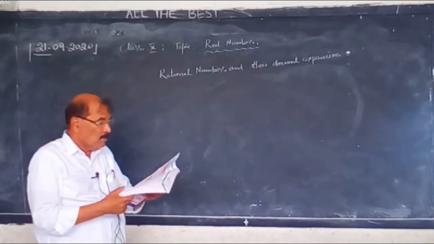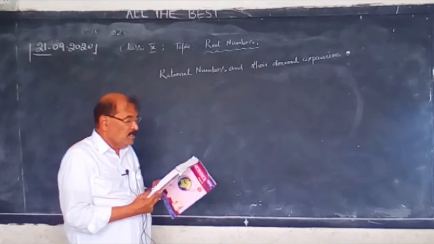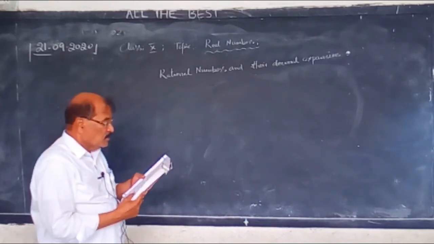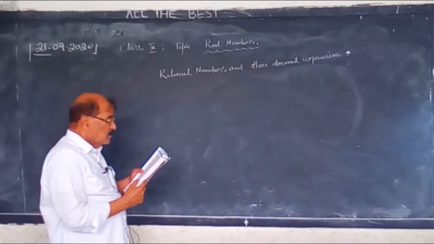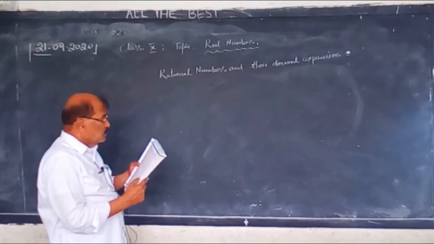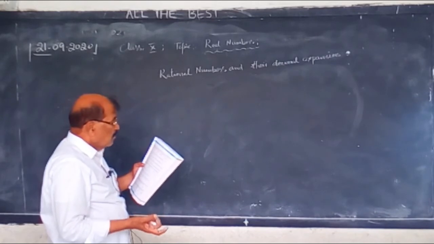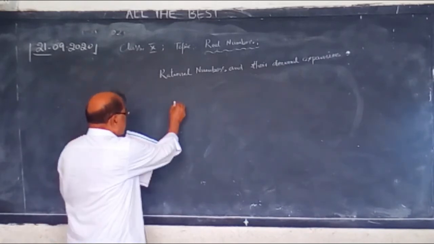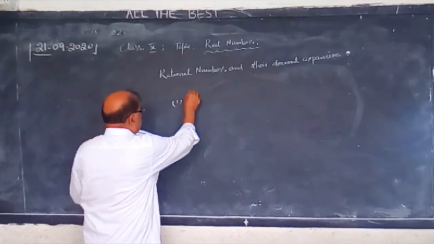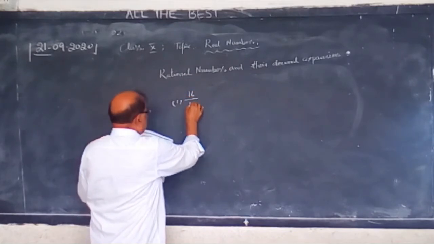And using the above theorems without actual division, state whether the decimal form of the following rational numbers are terminating or non-terminating. So let us see. Without doing division, we must be able to say.